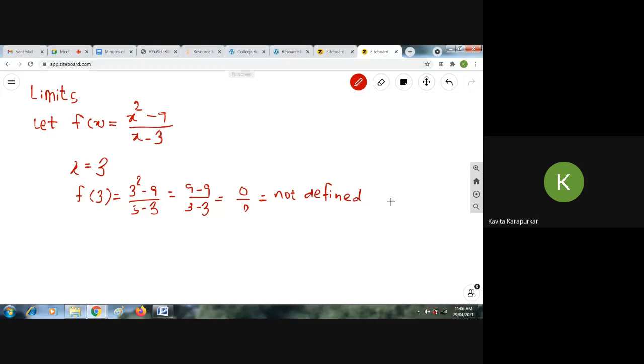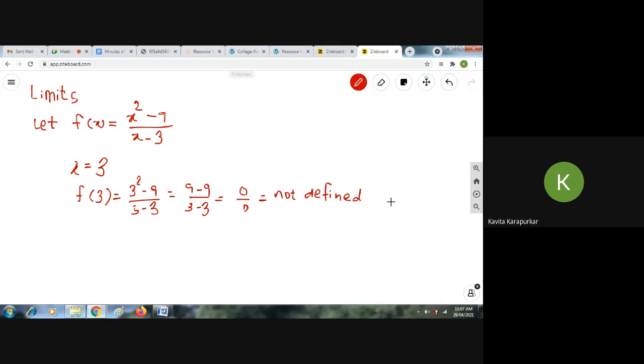Now the question was, if it is not defined at that point, what happens to the function when x takes values very close to 3 but not 3? When I say x takes values very close to 3, I am talking about all the real numbers. So x can take values near 3 which are less than 3, or greater than 3.